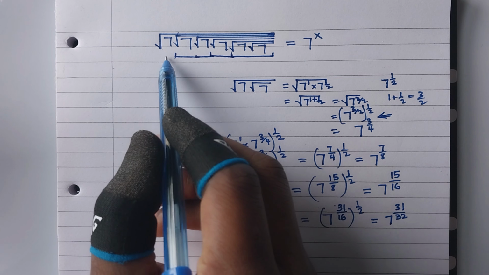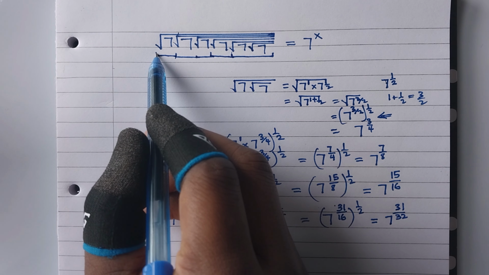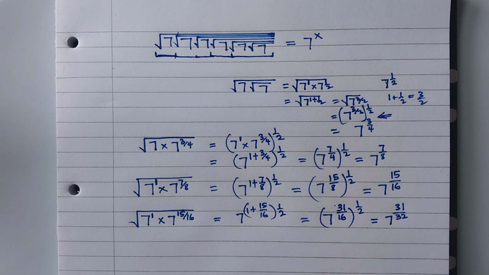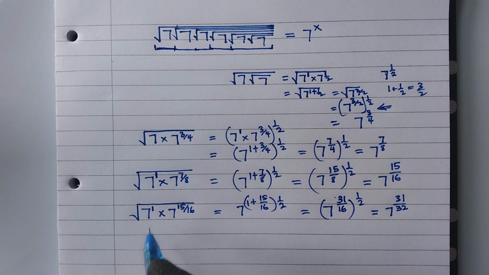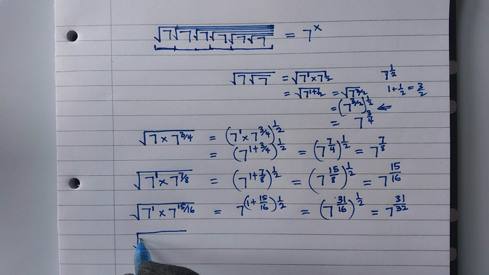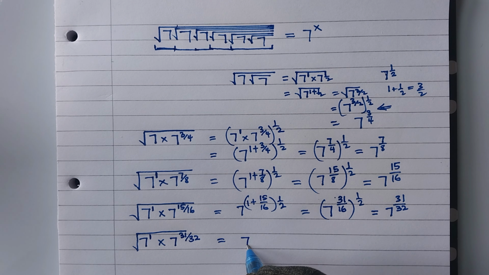And then the last one, which is the last 7 and the last radical. So this gives us the square root of 7 raised to power 1 times the new value we just got, 7 raised to power 31 over 32. And that is 7 raised to power 1 plus 31 over 32, all raised to power 1 over 2.